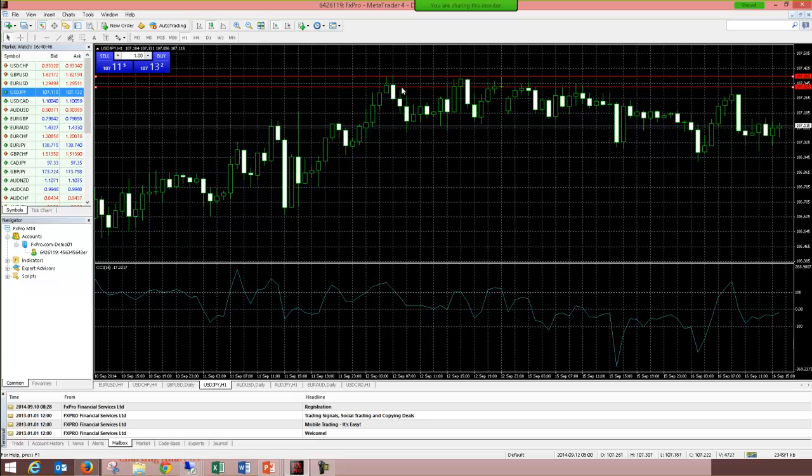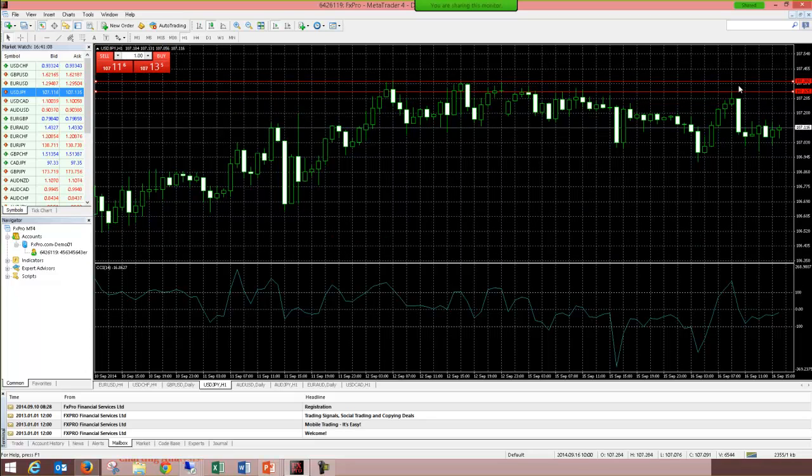Placing the pending order at 107.39 or 107.40 is fairly risky, because it can happen that price breaks resistance by a pip, 2 pips, 5 pips, or what may. So you may want to see some confirmation.